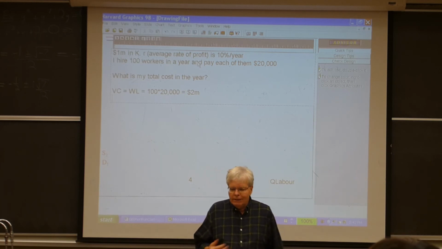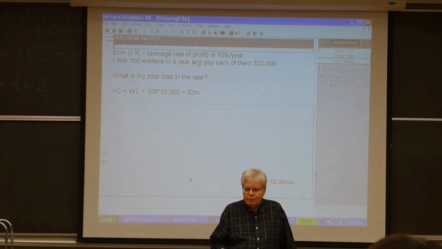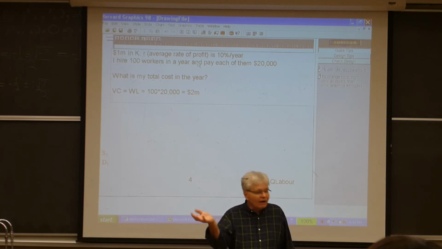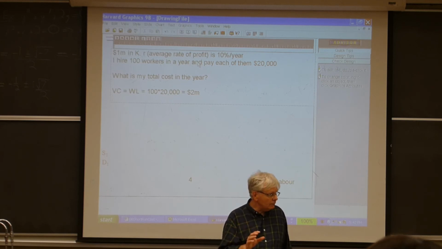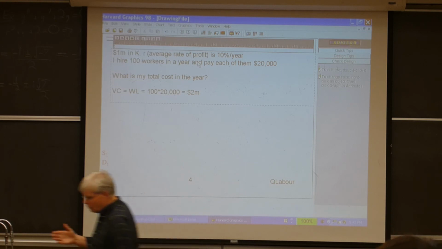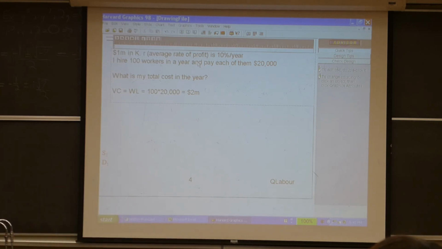So when I put up $1 million in capital to buy the factory, my fixed cost this year is the profit I could make on the capital on average in any year. Everybody? So it turns out my fixed cost in a year is R times K, which is 0.1 times, I'll make this 10 million just to make it simple, okay?